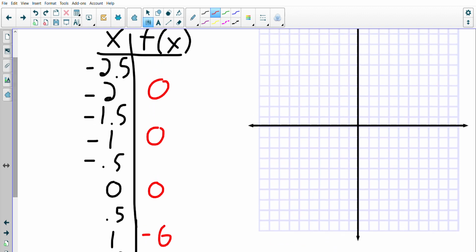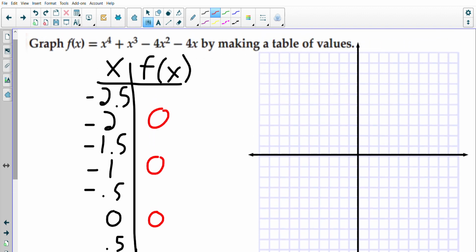As I graph this, my graph is going to go by 0.5s, so please keep that in mind. If I go to -2, 0, there's the first point. I'm going to use different colors, easier to see. Then I go to -1 and I get 0.